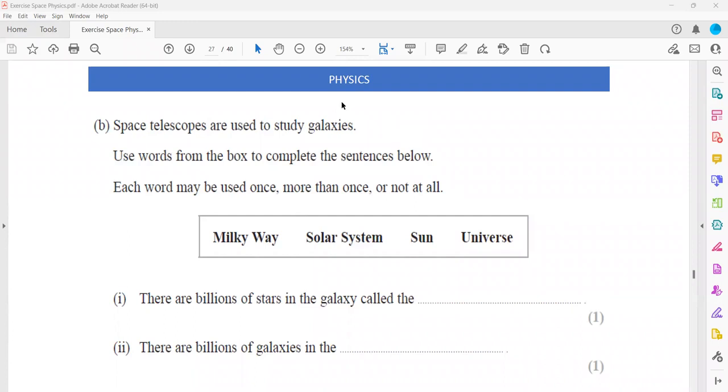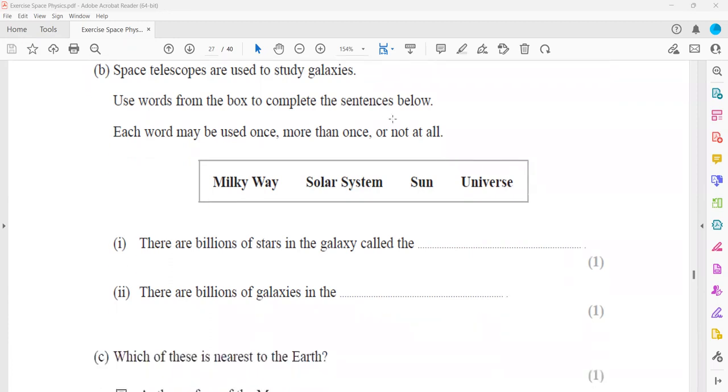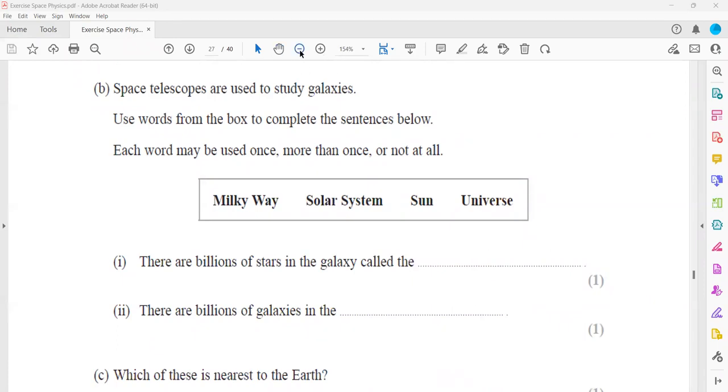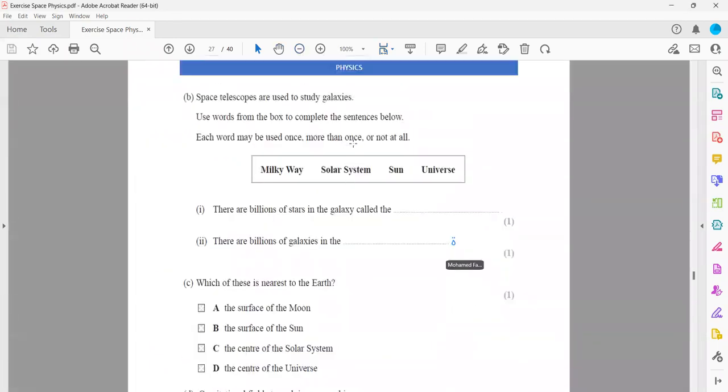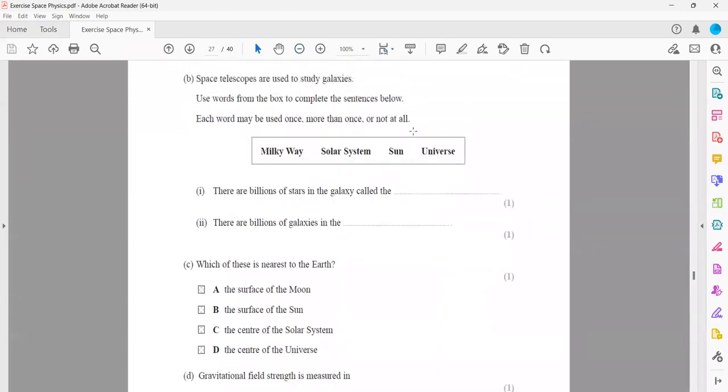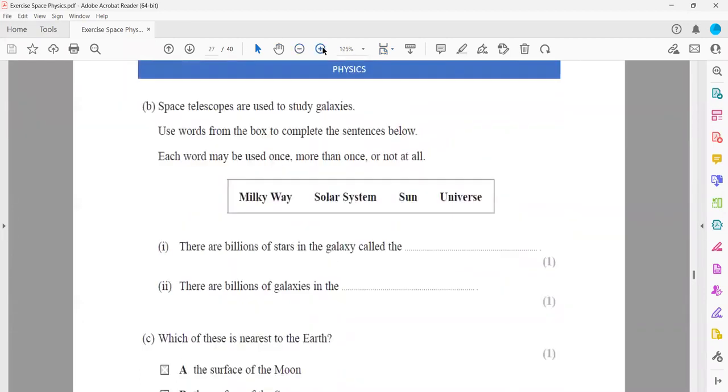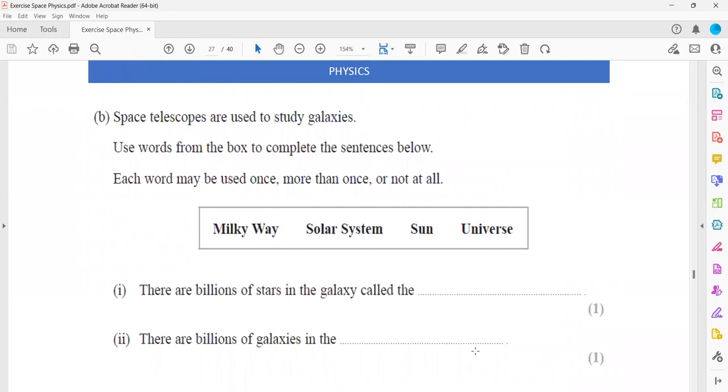Space telescopes are used to study galaxies. Use words from the box to complete the sentences below. Each word may be used once, more than once, or not at all. So it's not like you can use all of them. There are billions of stars in a galaxy called the... You can use screen annotation and circle what we should write here.